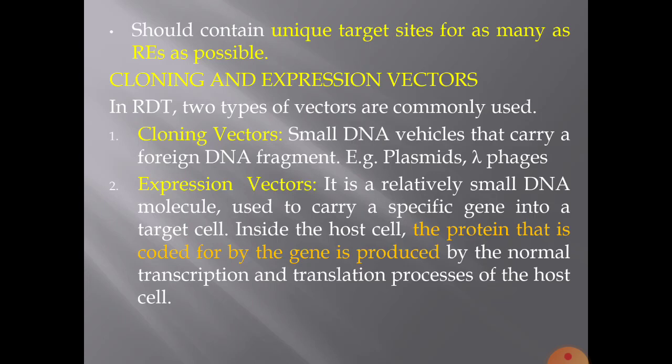Now, after knowing the properties of a good vector, you should know the types of vectors. Normally, we study two types of vectors in RDT. One is the cloning vector, another is the expression vector. What are they? Let me tell you.